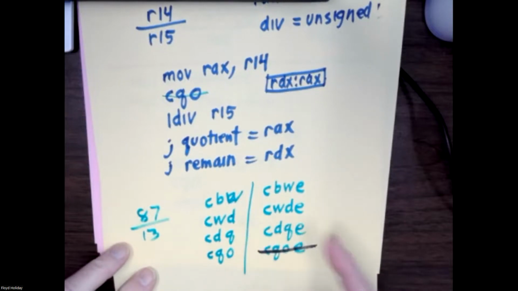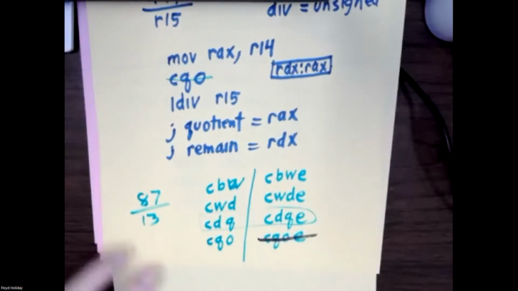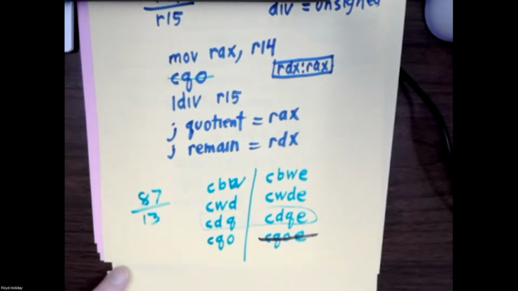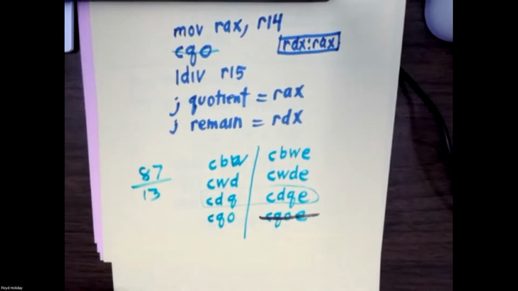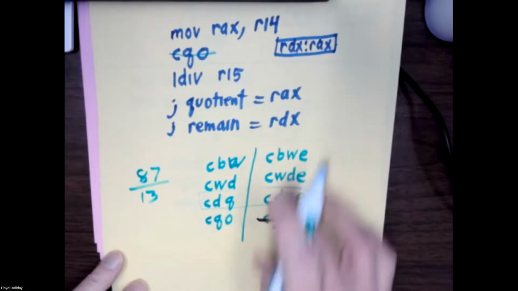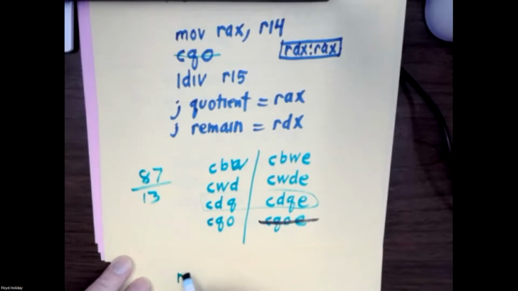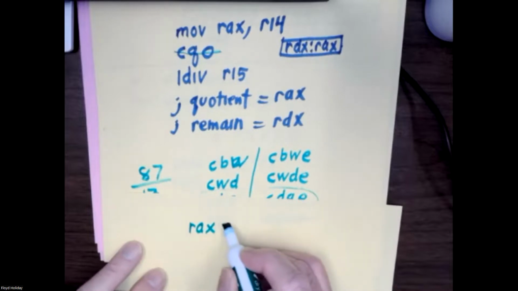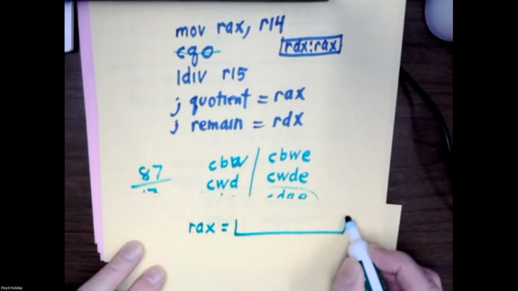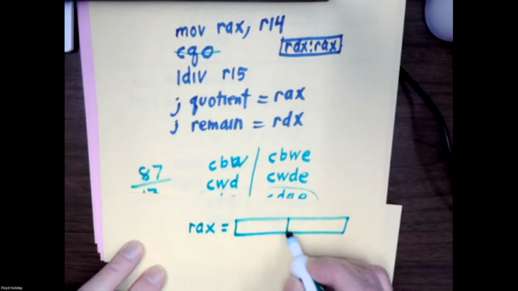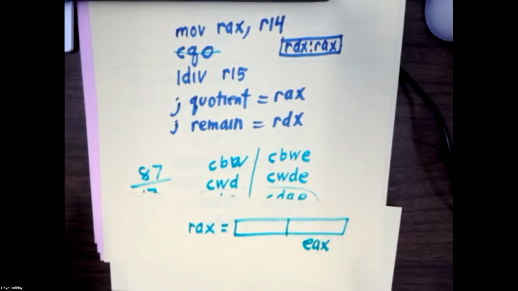Let's take the one right up here. CDQE. Okay. It says we have a double. All of these act on RAX, by the way, in some form. So we have a double in RAX. RAX is split. The low half is called EAX. The upper half doesn't have a name.